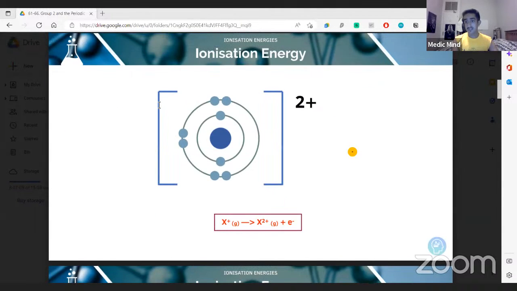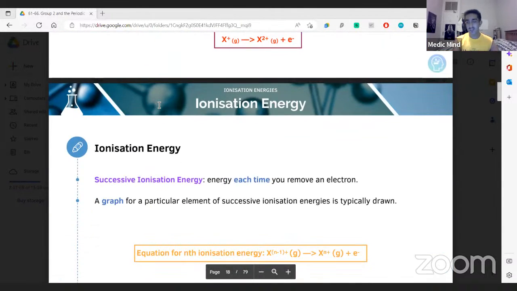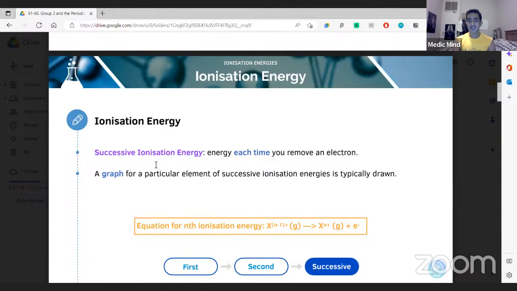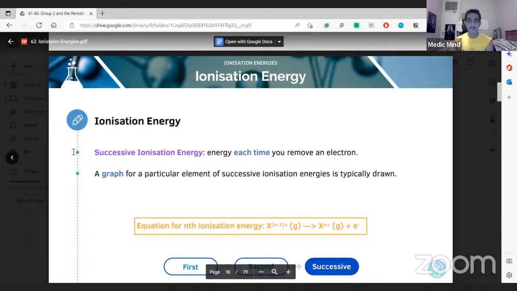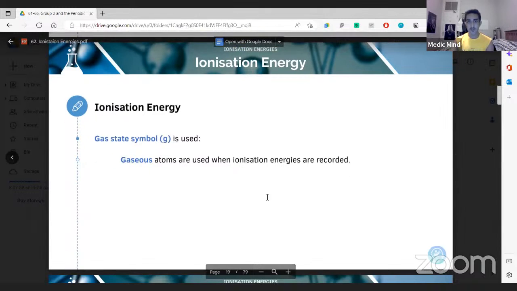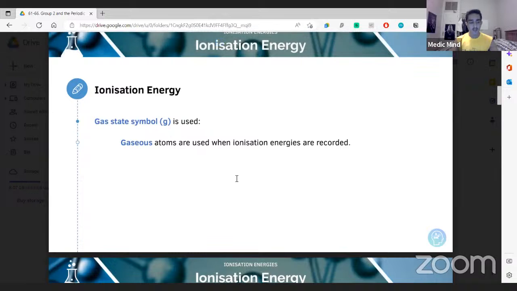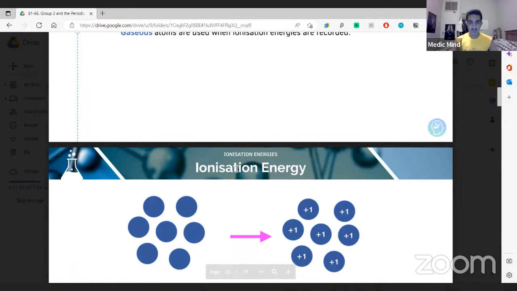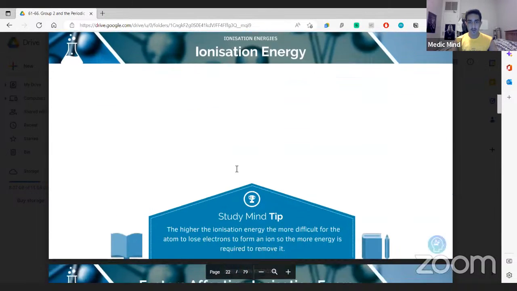Let's take a remarkable guess at what the third ionization energy definition would be: exactly the same. So a successive ionization energy is the energy needed each time you remove an electron, and a graph of successive ionization energies for a particular element will typically be drawn. Remember, this all happens in gaseous states, so you need to remember that you're using gaseous states to do this.